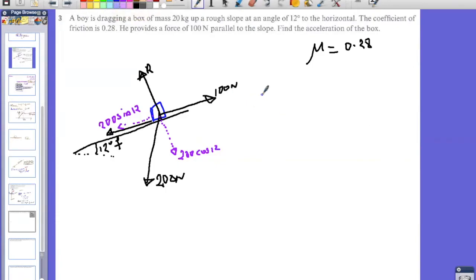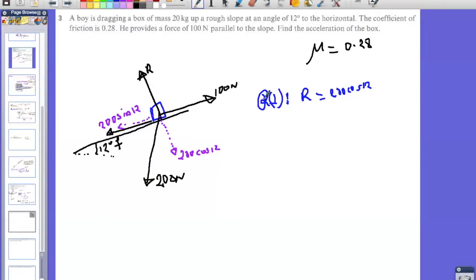So we resolve perpendicular to the slope. We get R should be equal to 200 cos 12.